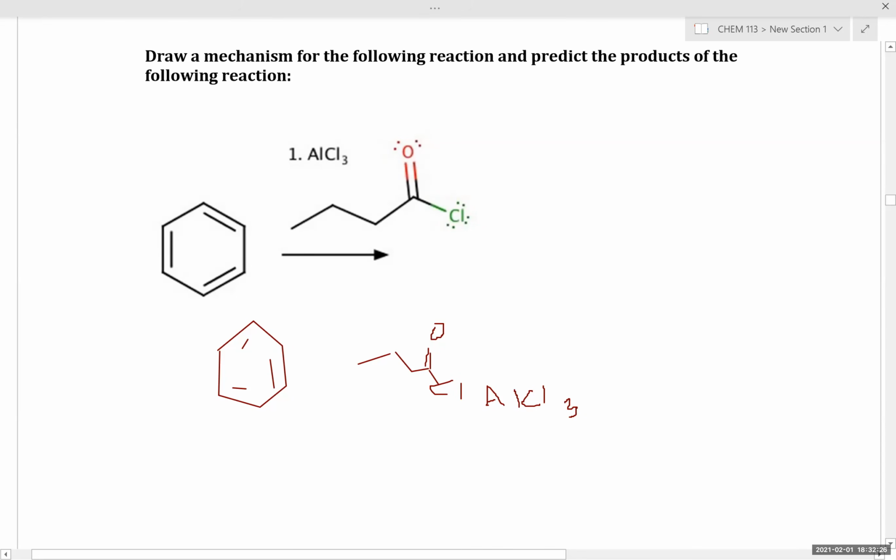Okay, so we see a student has drawn activation of our acyl chloride. And what intermediate would we generate from our acyl chloride? What is the electrophile for this Friedel-Crafts acylation reaction?